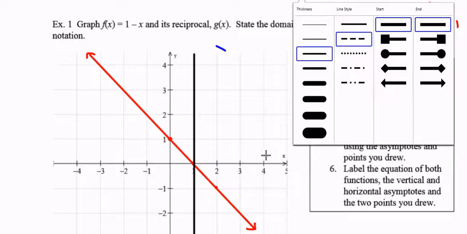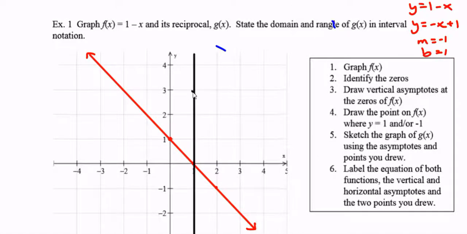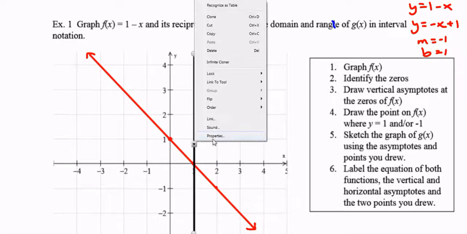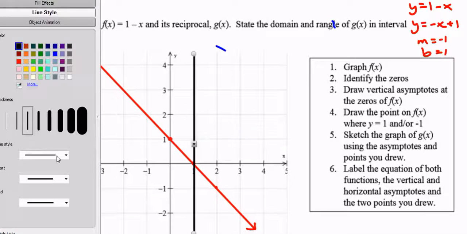And then I'm going to make it green. That didn't seem to work. Try that again. Properties, line style, dotted. I'll make it green. Okay, so I've drawn in an asymptote.